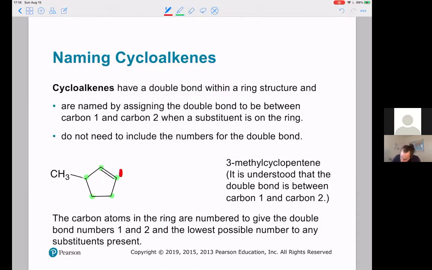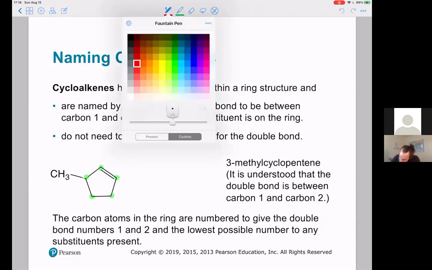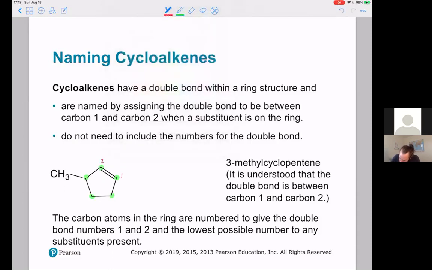So I'm actually going to start going 1, 2, 3, 4, 5, right? If I want that double bond to have the lowest possible numbering, that means it needs to be between carbons 1 and 2. And so in this case, the substituent turns out to be at carbon 3.